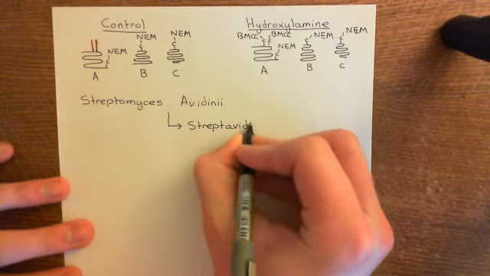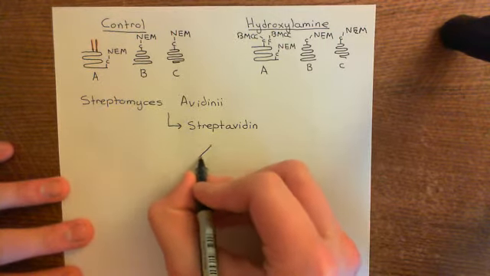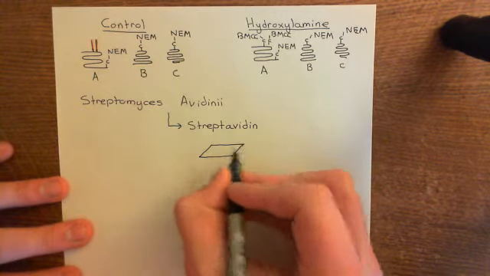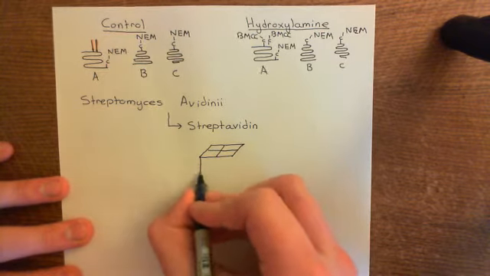This protein, streptavidin, is a tetramer. I'll draw this. It has 4 biotin binding sites, and these 4 biotin binding sites are extremely high affinity.